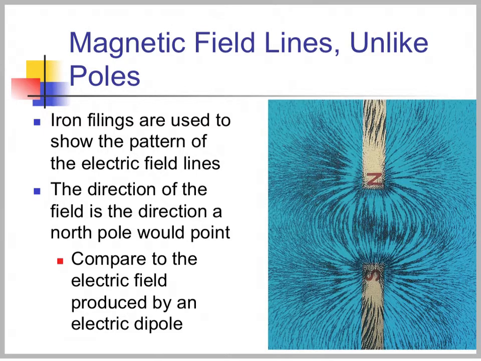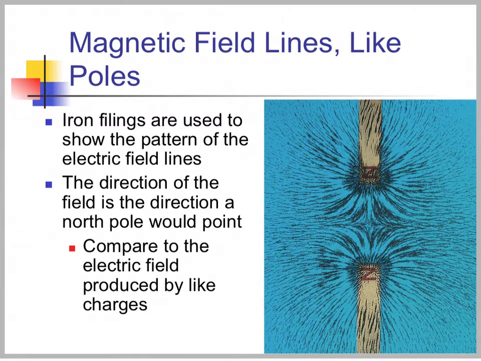And we can use iron filings to look at the patterns of magnetic field lines for different combinations of northern and southern poles. So for example, if I take a north pole of one magnet and a south pole of another, I get a magnetic field pattern that looks like this. This is very similar to the electric field lines from an electric dipole.